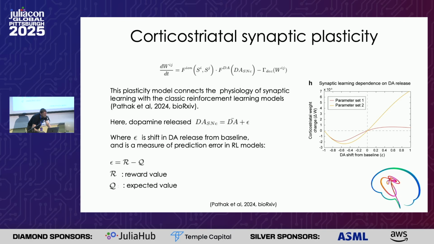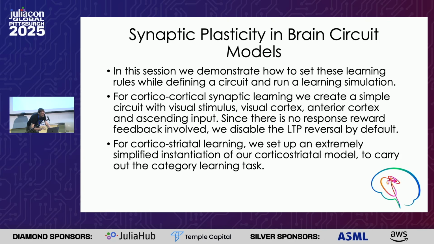I think I will not go into the details of this. To summarize, and we will run the notebook because we only have a few more minutes, and I want to run the notebook. This is essentially describing the cortical striatal learning system that we built in Neuroblox.